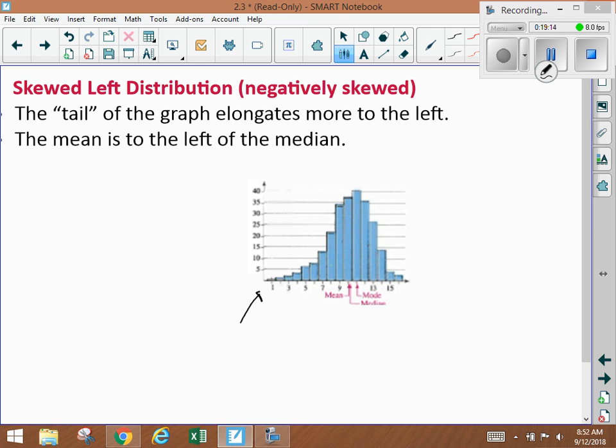A skewed left distribution is also referred to as a left-tailed distribution. So look at where the tail is. If the tail's on the left, it is skewed left. Sorry, I just said right. I was facing the other way. The tail is on the left, so it's skewed left.